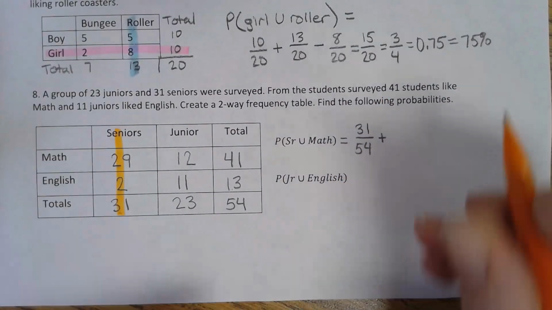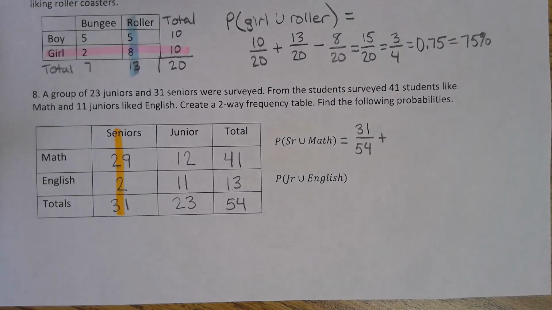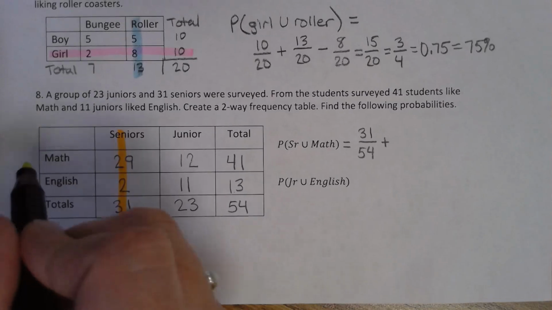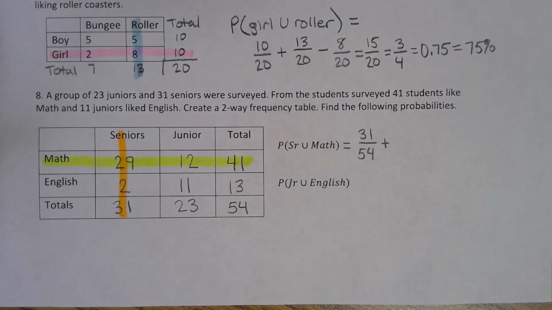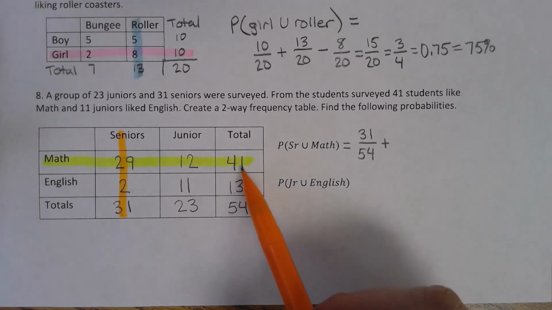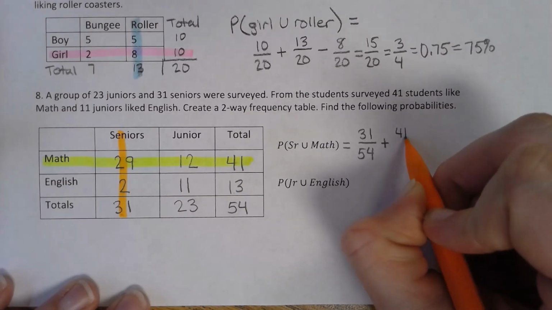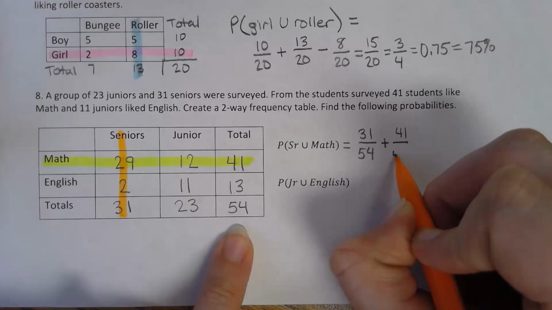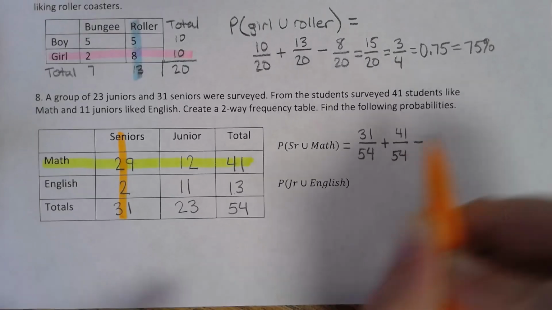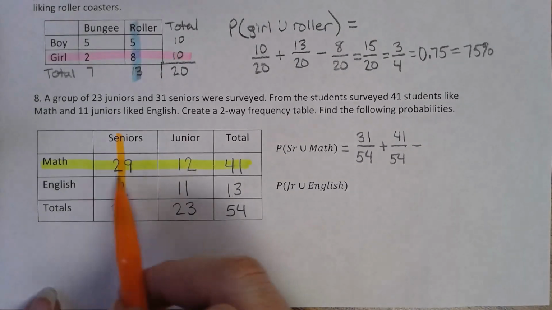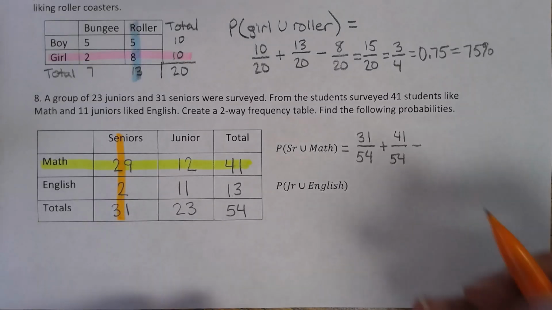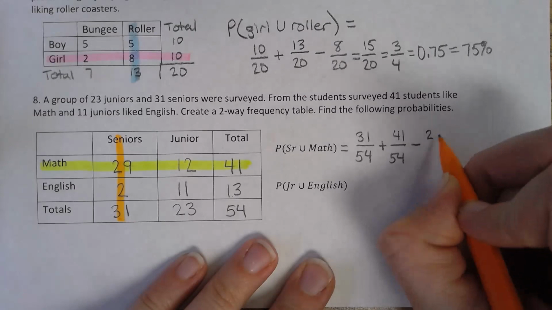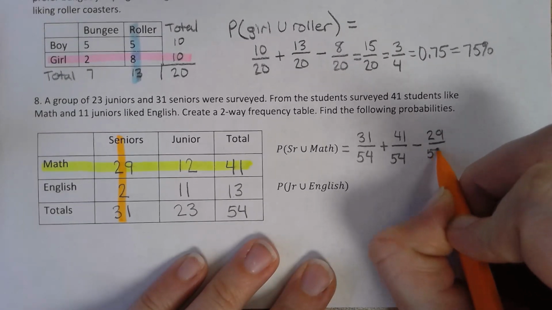We're going to add that with the students that like math. So that is this row here. So we have 41 students liking math out of the 54. But when you subtract that intersection, the students that like math and they are seniors. So those 29 students out of the 54.